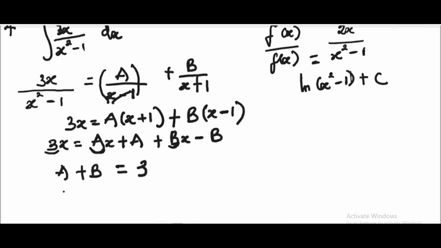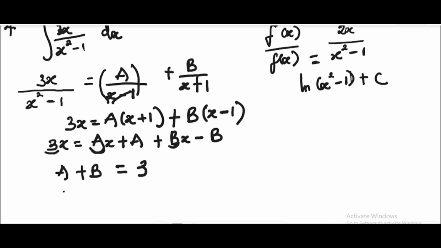Now to find b, substitute a, which is 3 over 2, into any of the equations. Let's pick the first one, a plus b is equal to 3. In place of a, we'll have 3 over 2 plus b is equal to 3.